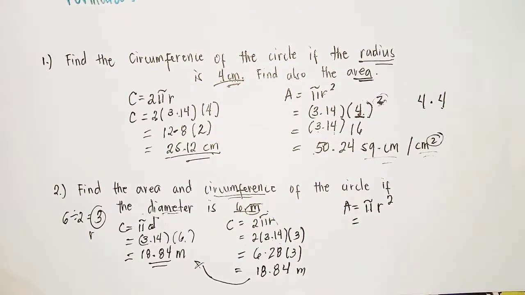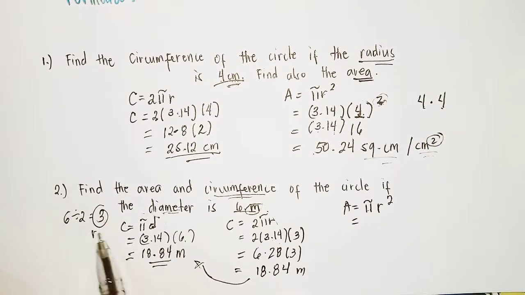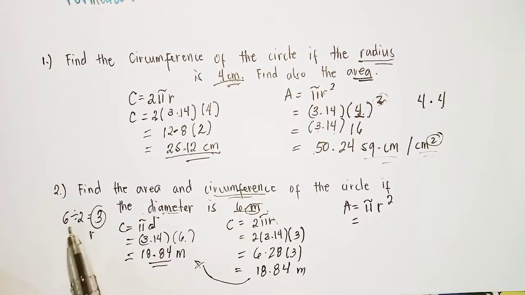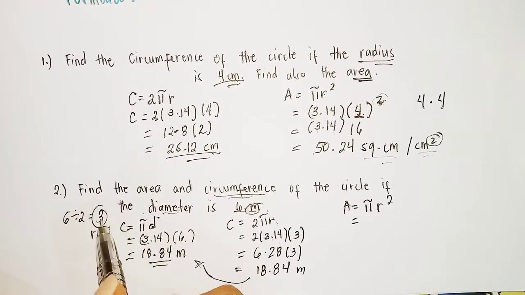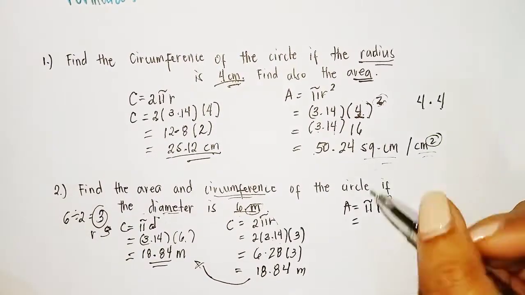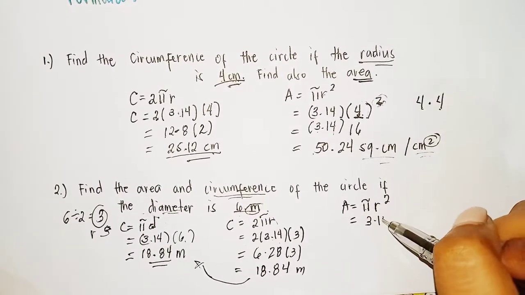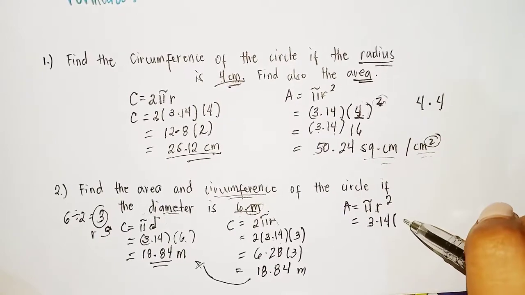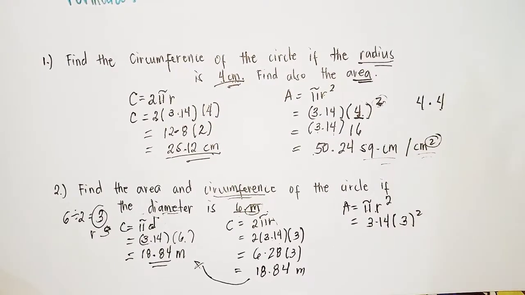Alright? And since diameter ang given, at kanina napakita ko na sa inyo kung paano hanapin si radius kapag given ay diameter. I-divide nyo lang by 2. So, nakuha na natin si radius as 3. Ayan. And then we have 3.14 times ang radius ay 3, then squared.